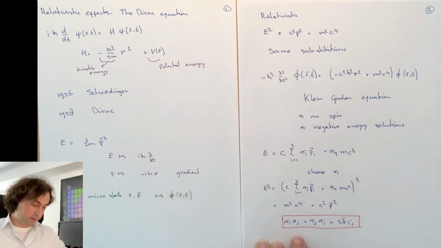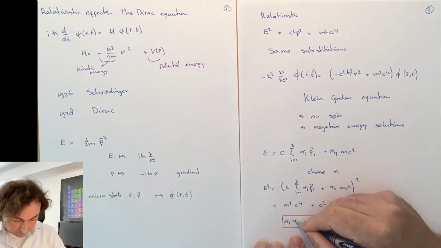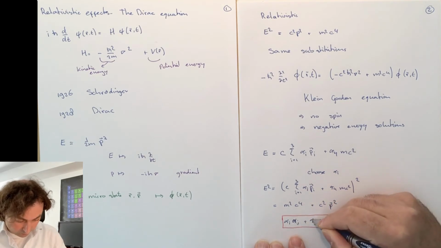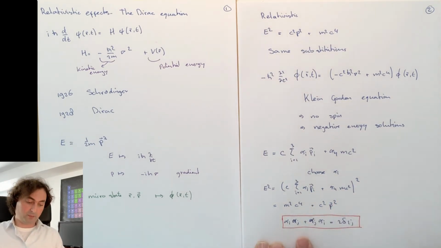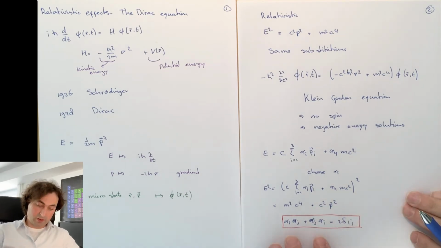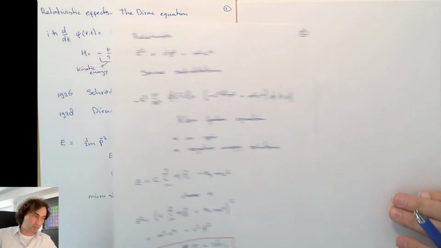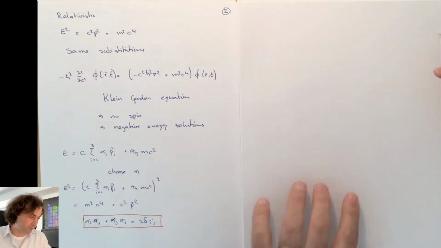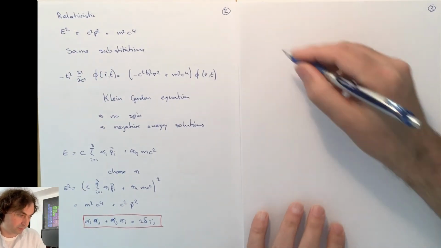So can we find numbers for which this equation holds? And it's not so easy to check, but when alpha should be a complex number, there is no such solution.